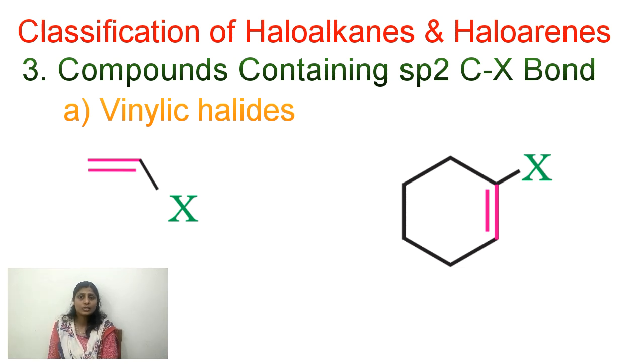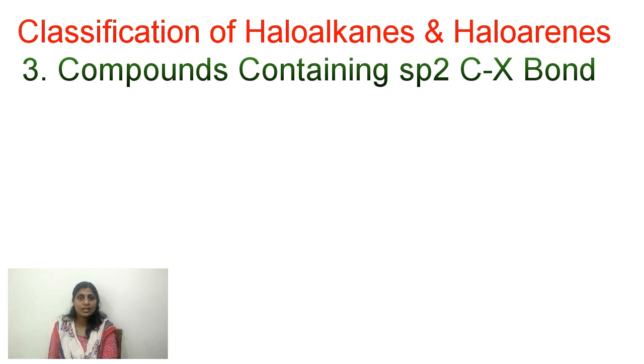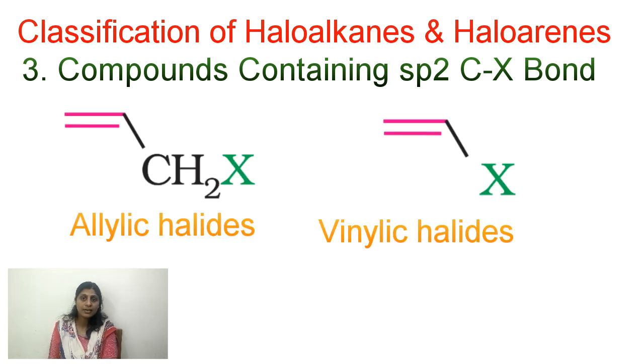And here, don't get confused between allylic halides and vinylic halides. In allylic halides, the alpha carbon atom is attached to a double bonded carbon atom, whereas in vinylic halides, the alpha carbon atom itself has a double bond. I think you get the difference.